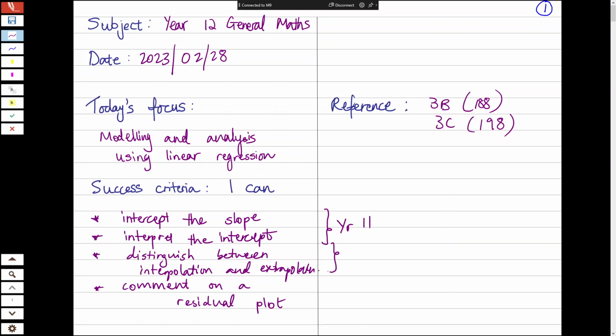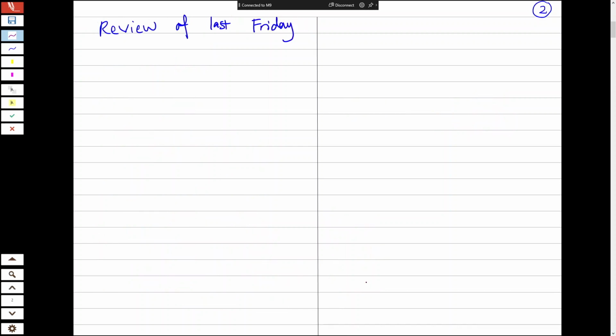Interpolation and extrapolation, we also did that last year as well. All right? Flashback. There's only one thing that's new today, and that's looking at the residual plots. But I'm going to go through all of this with you now. So basically, there's only one piece of new content today, and after that, you're ready to do analysis using linear regression.